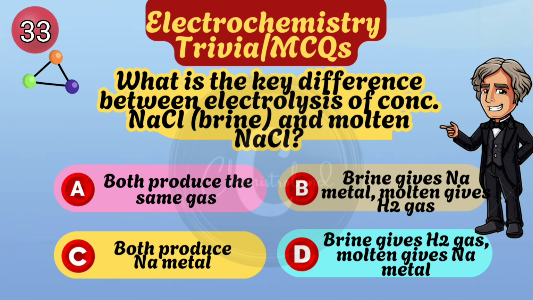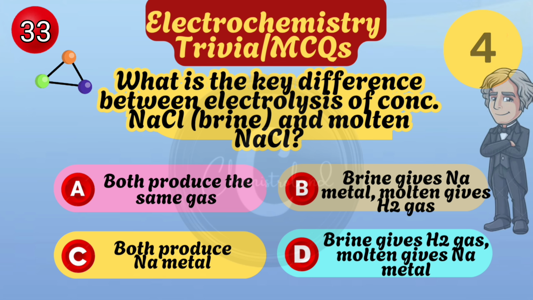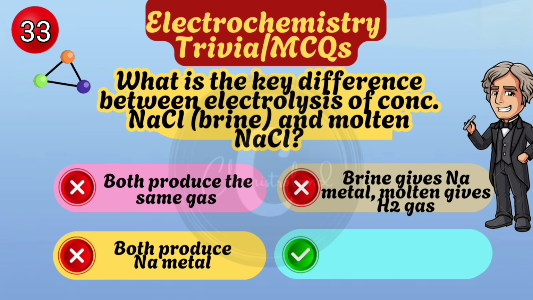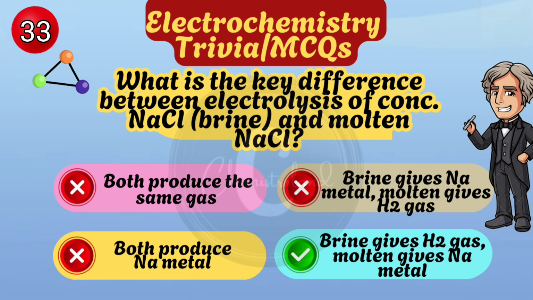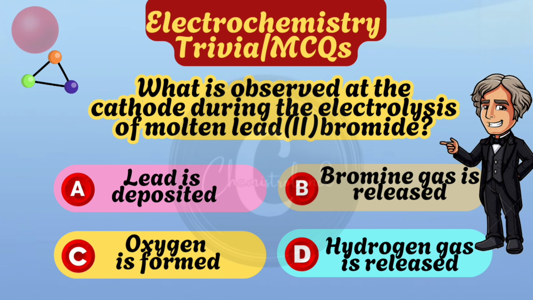What is the key difference between electrolysis of concentrated sodium chloride and molten sodium chloride? Brine gives hydrogen gas, molten gives sodium metal. What is observed at the cathode during the electrolysis of molten lead(II) bromide?